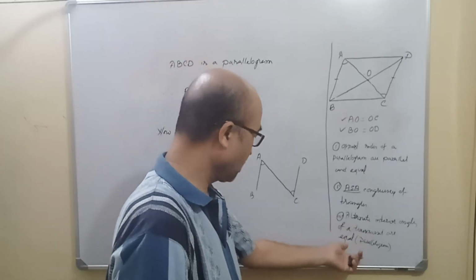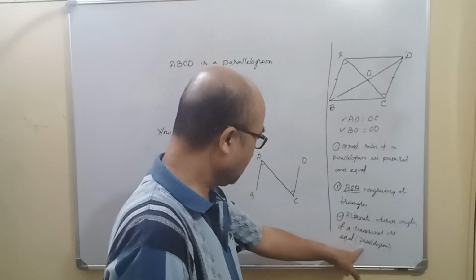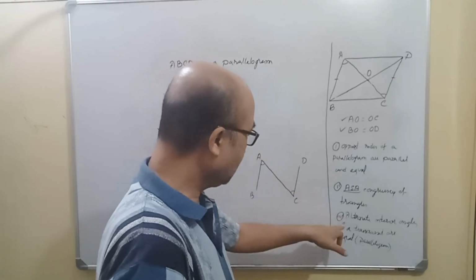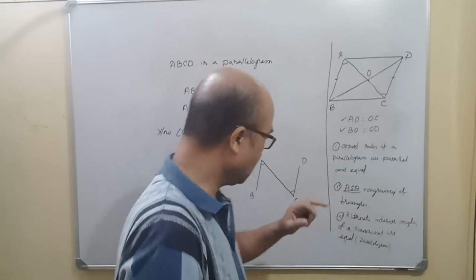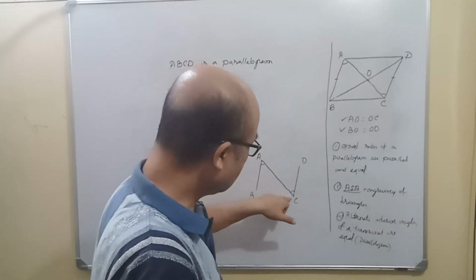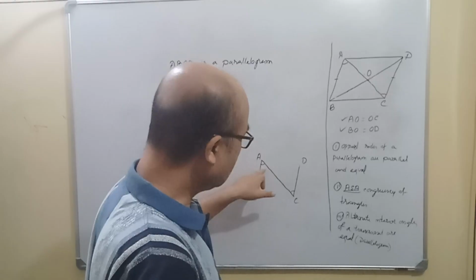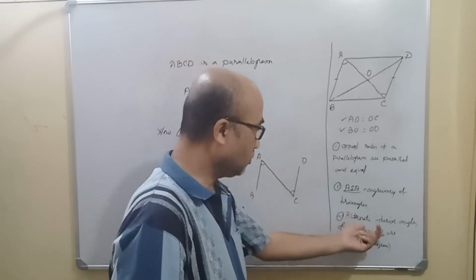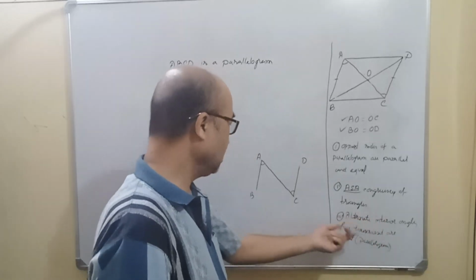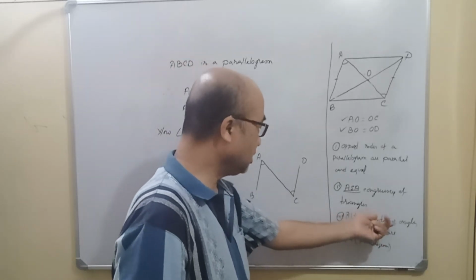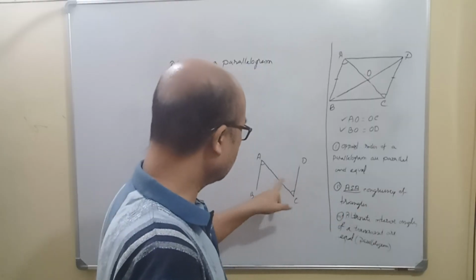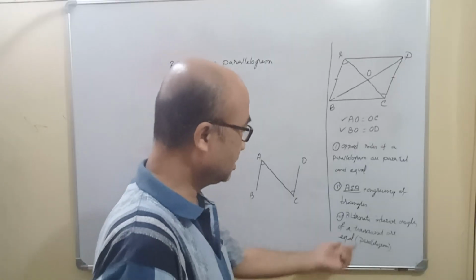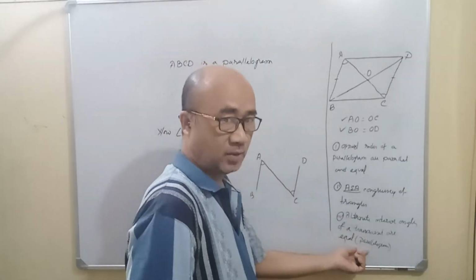That means when there is a transversal in a parallelogram, these are alternate interior angles, and according to this property they will be equal. So this is another property we have to remember.